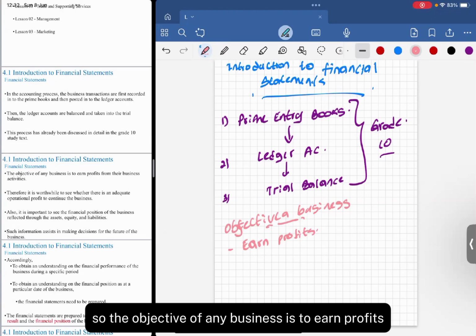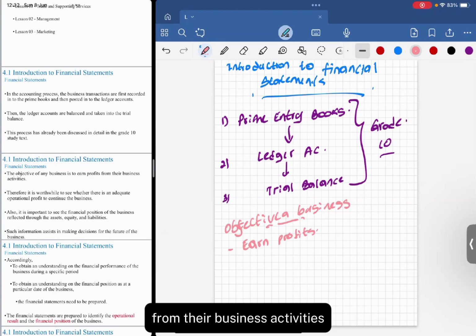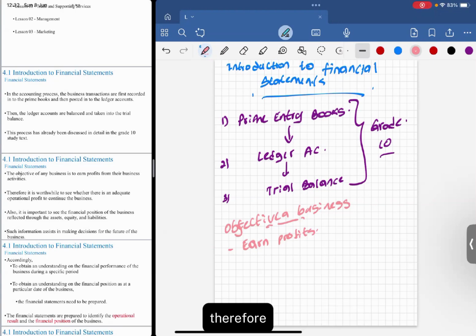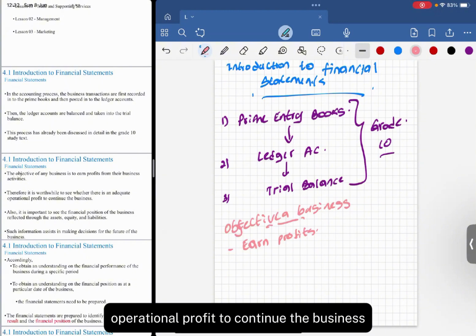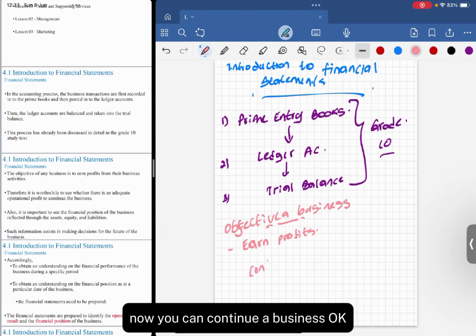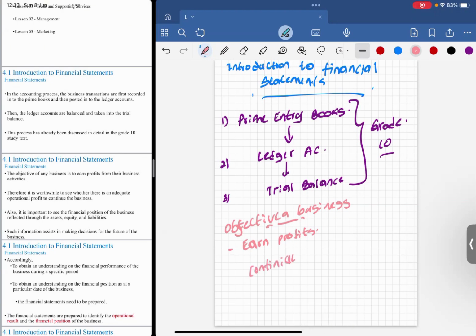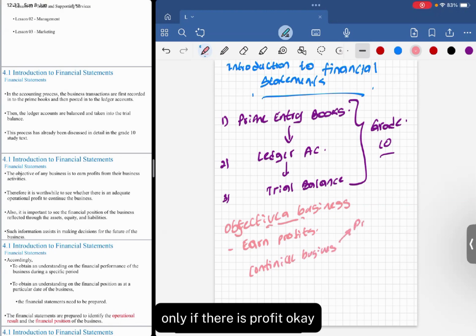So the objective of any business is to earn profits from their business activities. Therefore, it is worthwhile to see whether there is an adequate operational profit to continue the business. Now, you can continue a business only if there is profit.